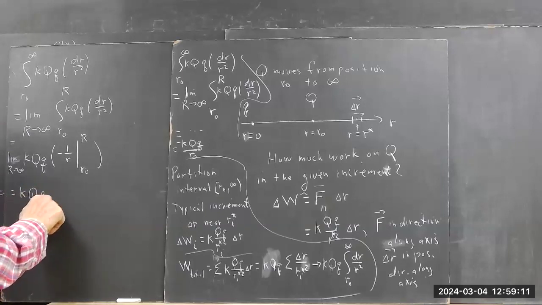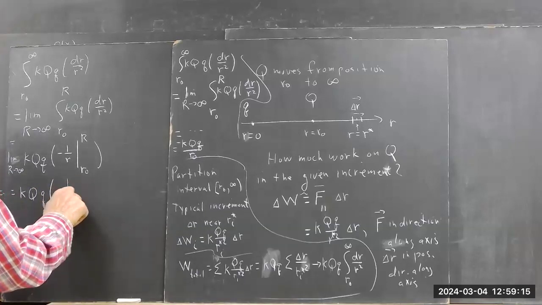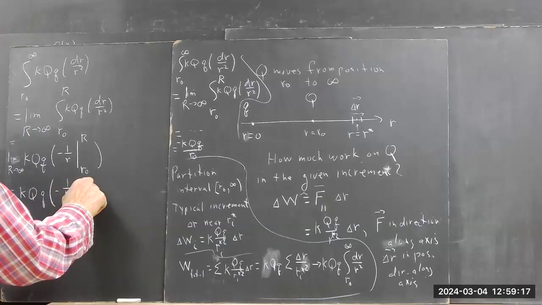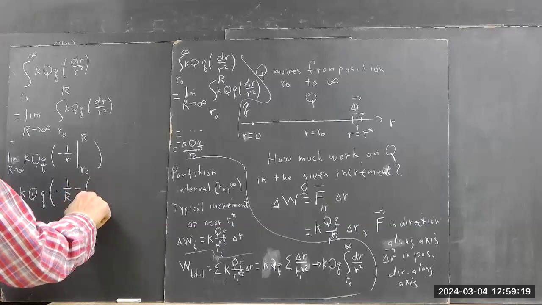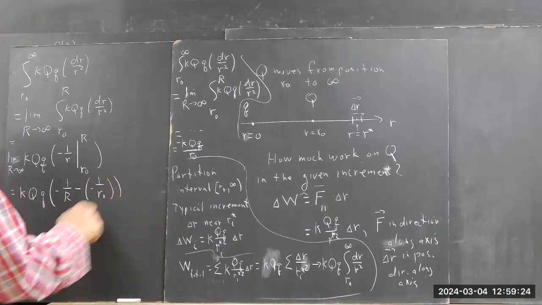K big Q little q times what? Negative 1 over big R minus negative 1 over R naught.